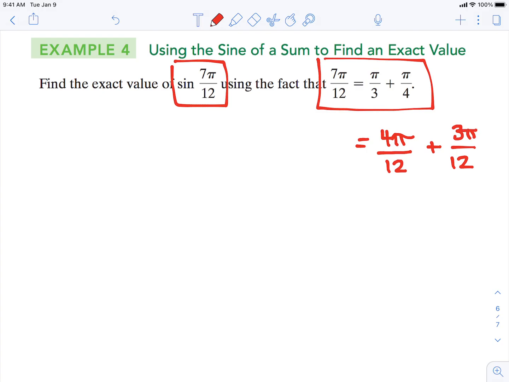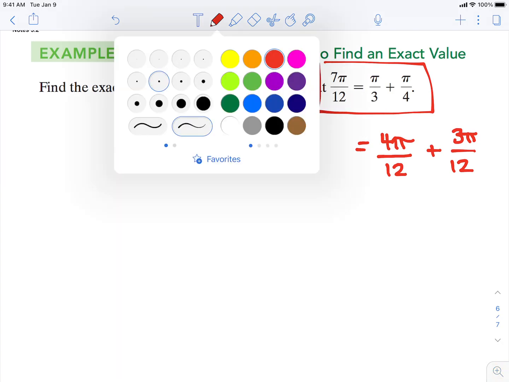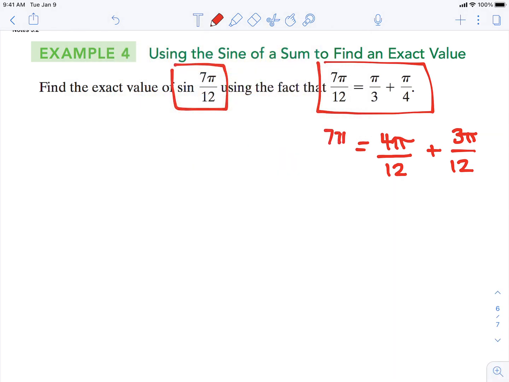So when you look at those two fractions, they're now alike. They have a common denominator of 12. So we do get 7 pi over 12.